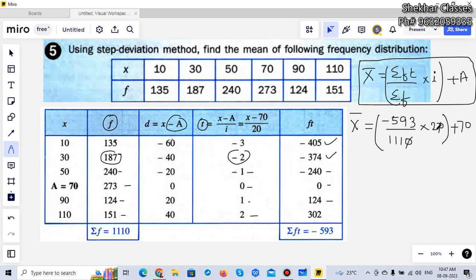Now we have 593, and you divide it by 111, you get 5.34, minus, and plus 70. So this has to be subtracted from 70, right? So we get here 64.657. So I can say approximately 65. So this should be the mean.